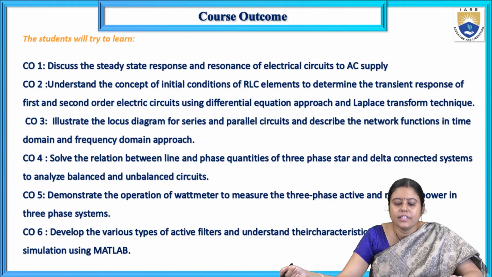So after this they will discuss the steady state response and resonance of the electric circuits with AC supply. The second is to understand the concept of initial conditions of the RL, RC, RLC elements to determine the transient response for first order and second order circuits using the differential equation.